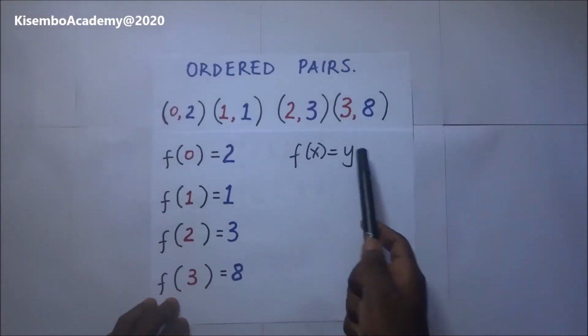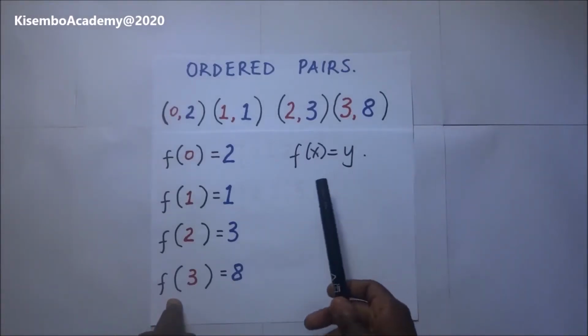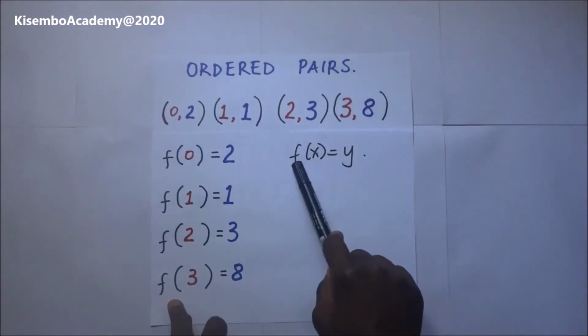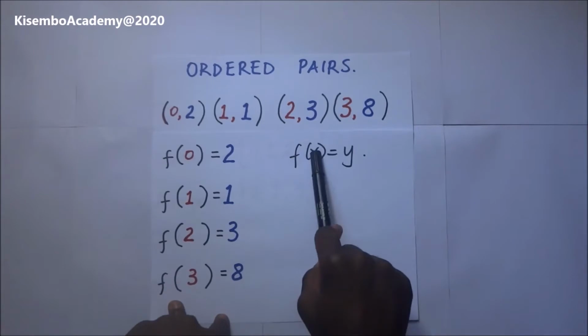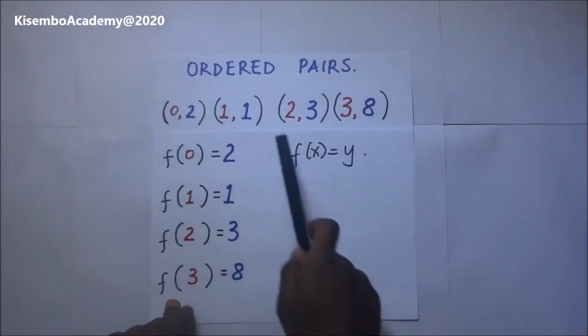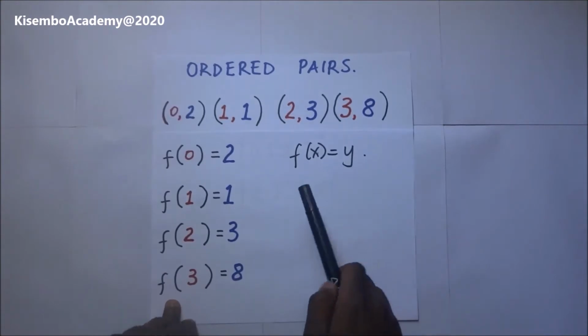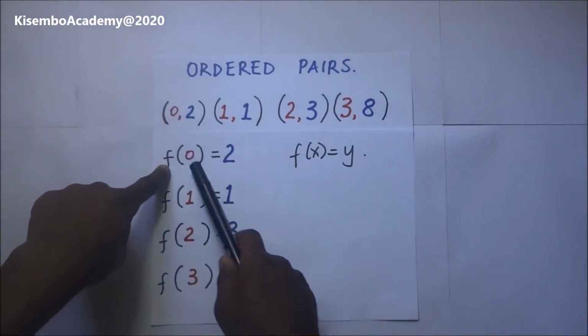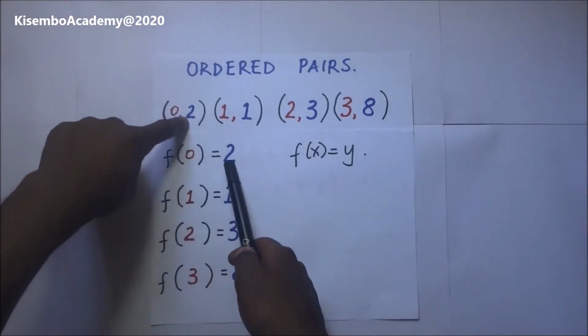f(x) = y is the function notation, and this simply means that the function f where x is the input is giving us y. Now if you're to represent these ordered pairs in terms of this function notation, you find that the function f where 0, which is the value of x, is the input, is giving us 2 as the output.